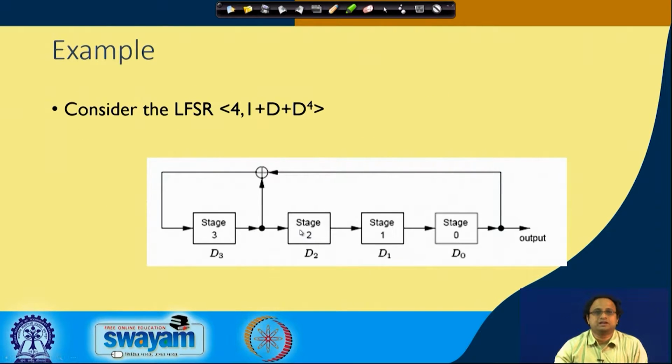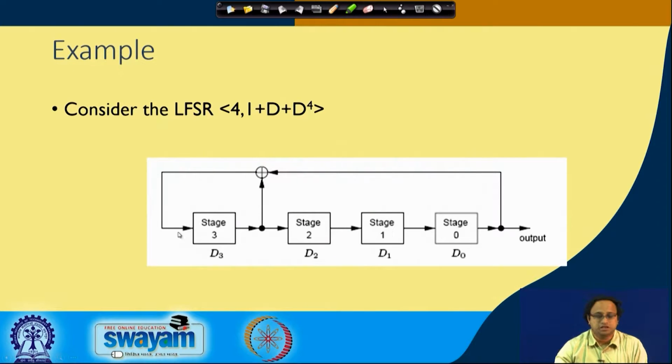So let us consider an example to understand this. Here is an LFSR which has 4 stages, as you can see: stage 0, stage 1, stage 2 and stage 3, and the feedback in this case is determined by this exclusive OR, which taps stage 3 and XORs with this bit to give back my feedback bit.